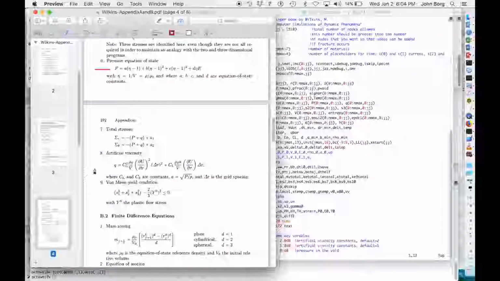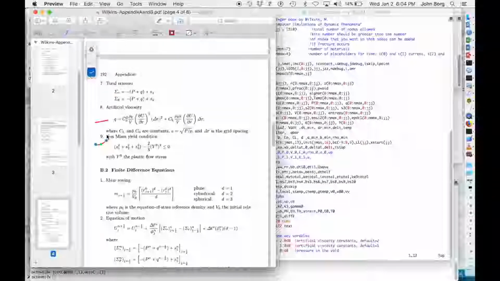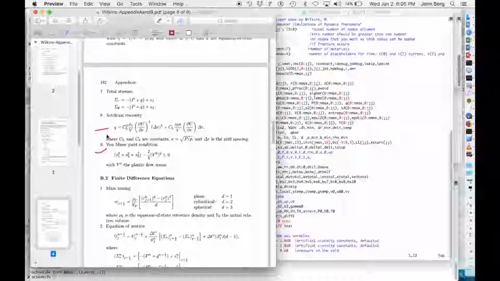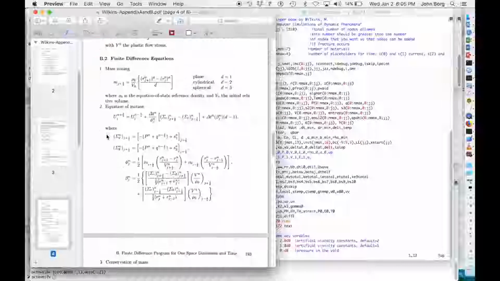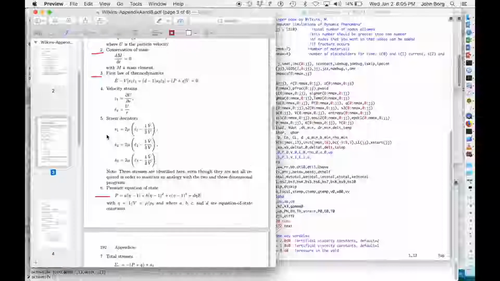And in order to put in some irreversibilities, he's got artificial viscosity here. And here is your plastic flow rule. So that's the mathematical formulation, and then he also presents the finite difference equations where he's taken the same numbering scheme.